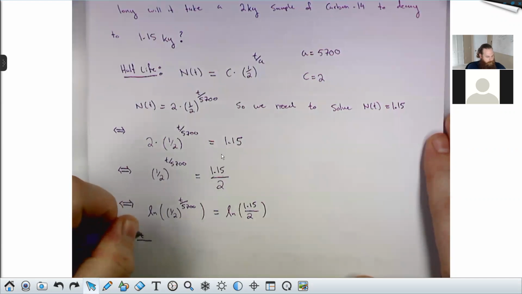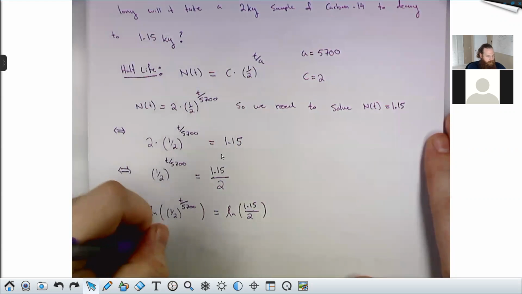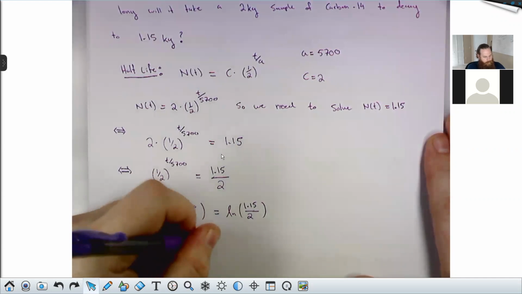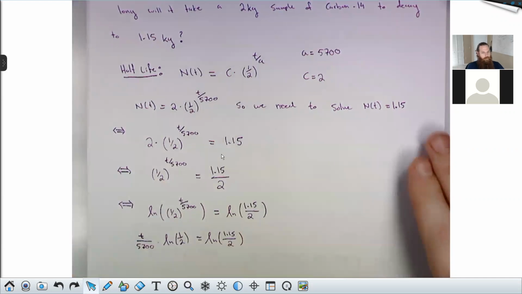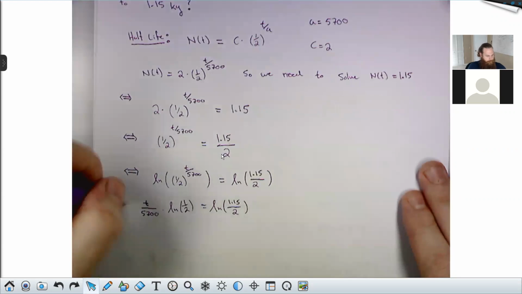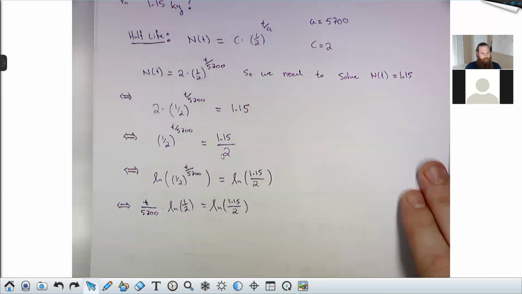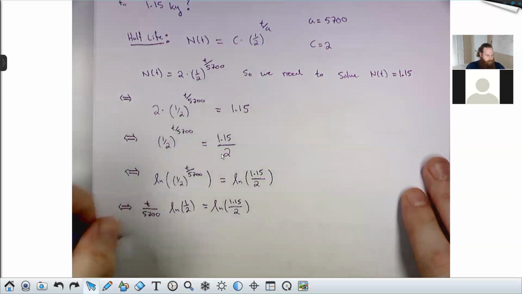So I get t over 5,700 times the natural log of 1/2, is equal to the natural log of 1.15 over 2. And then I need to multiply both sides by 5,700 and divide both sides by the natural log of 1/2.